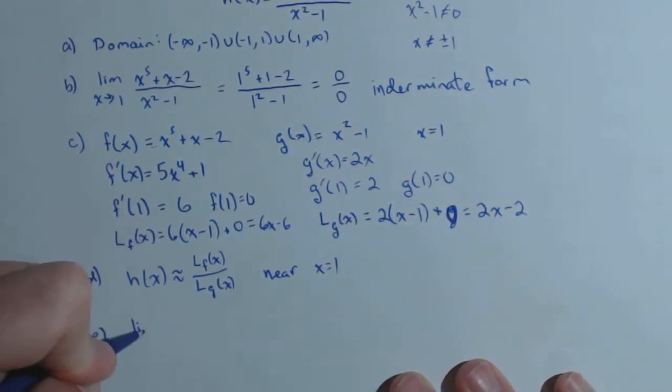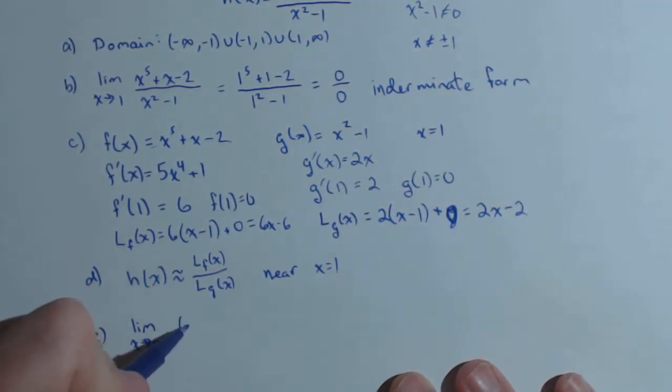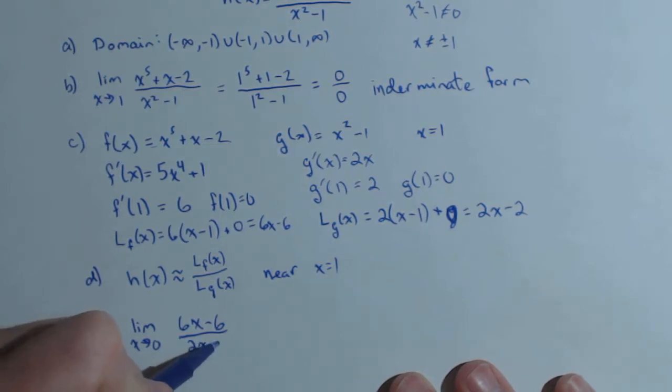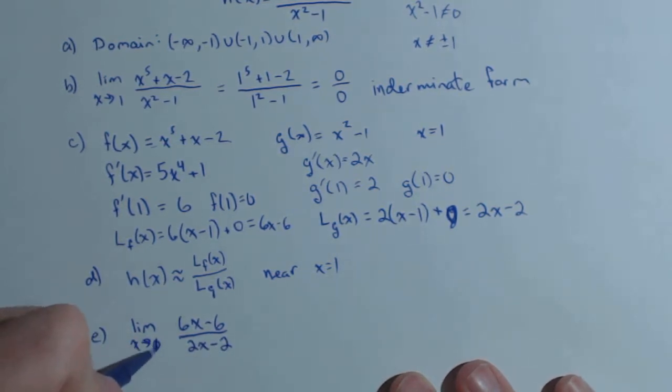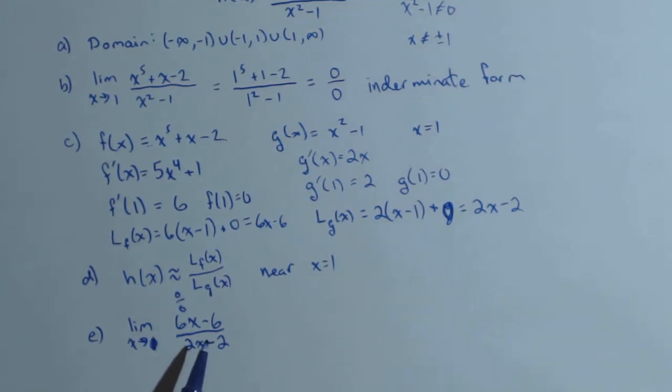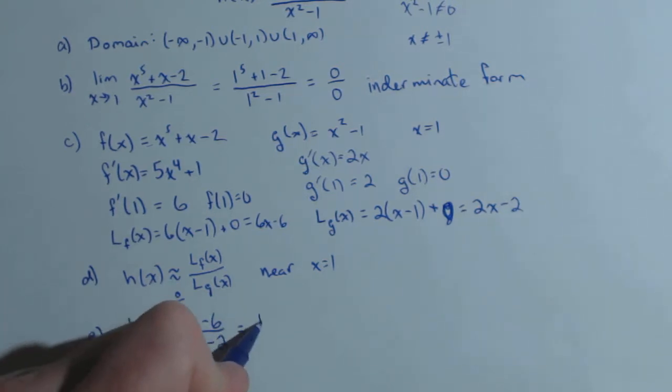So we're going to take the limit as x goes to 1 of 6x minus 6 over 2x minus 2. Now, what you'll notice is if I plug in 1, I still get a 0 over 0 case, so this is still an indeterminate form. But think about what we learned about limits earlier: I can do some factoring.